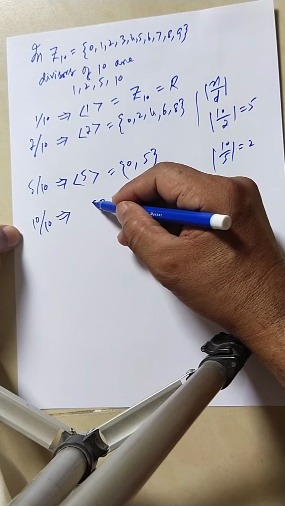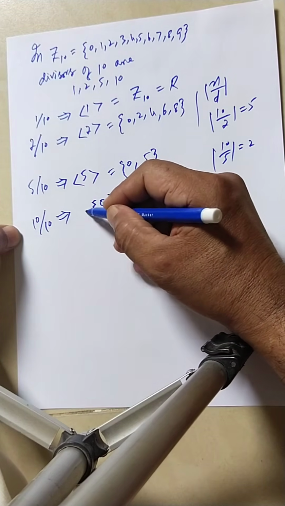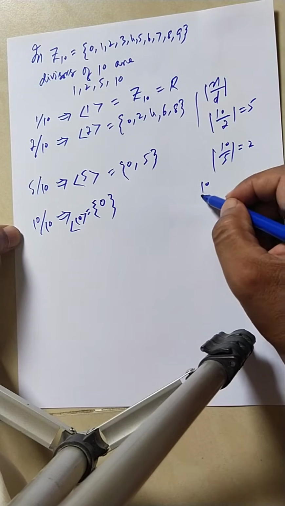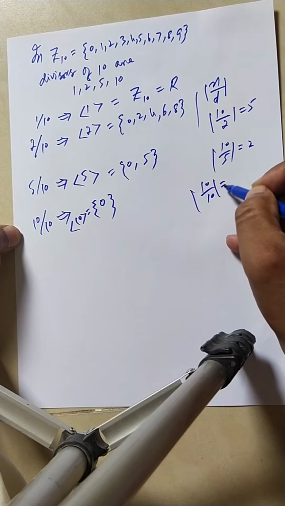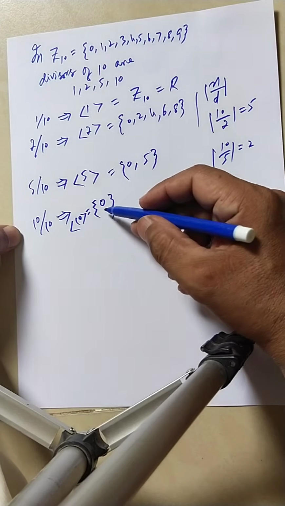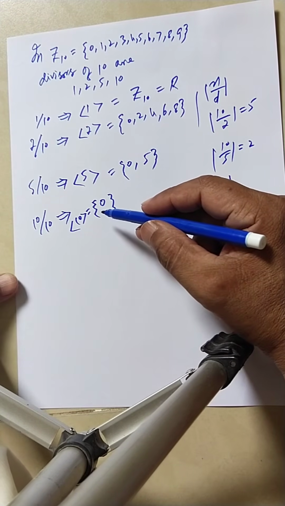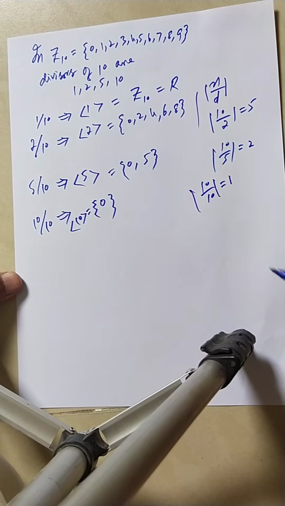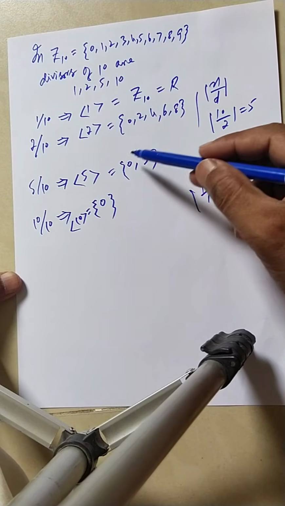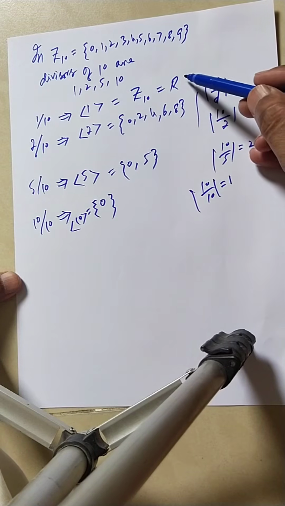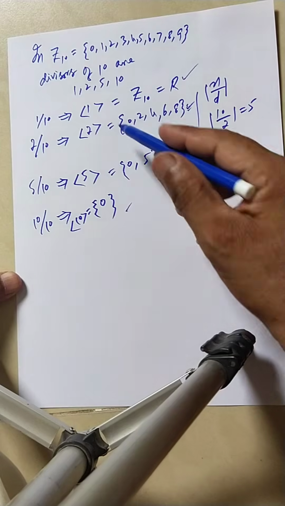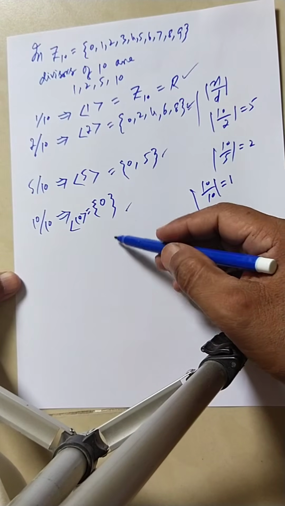This is the ideal generated by 10, obviously the identity element, because the order is 10 by 10, which is 1. This is the unit ideal. These are the 4 ideals. Here the maximal ideals are 2 maximal ideals.